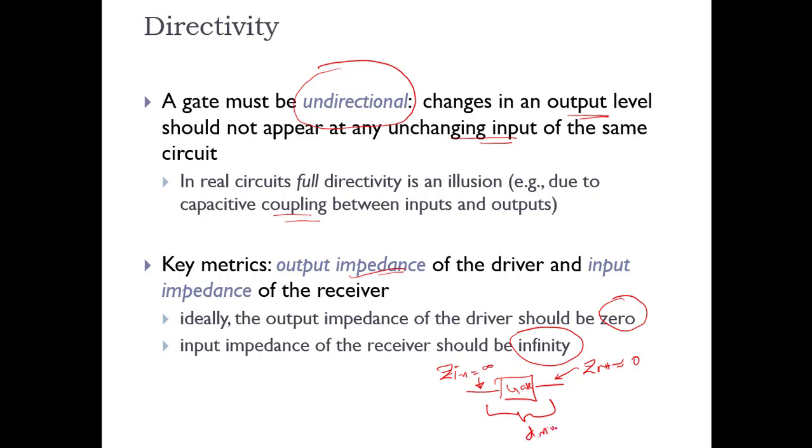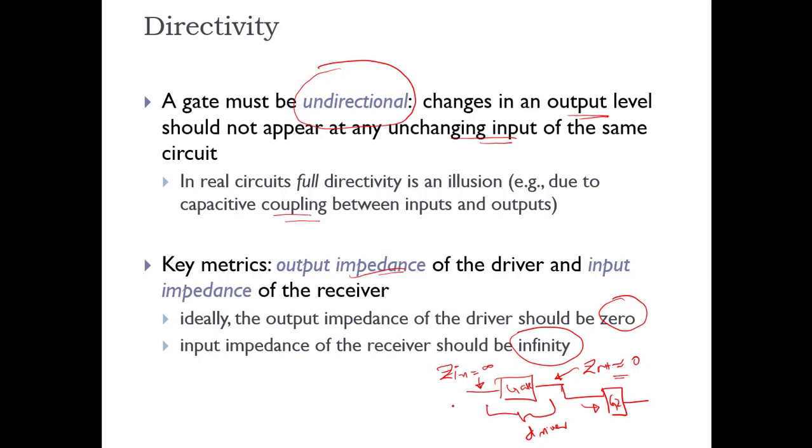Which means that if you connect this gate as a driver to, let's say, any other gate, and the output impedance is close to 0, it will deliver the maximum voltage and power to the driven gate.